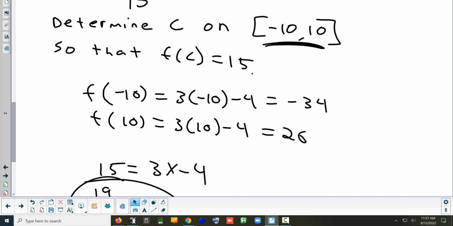But the first thing I did was check to see if that was even doable based off the intermediate value theorem. 15 is an intermediate value between negative 34 and 26. So I know it would work. And then I found what made it work. So the 19 thirds is the final answer. Any question on that thinking?